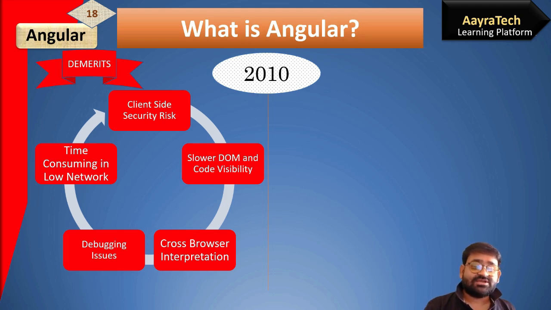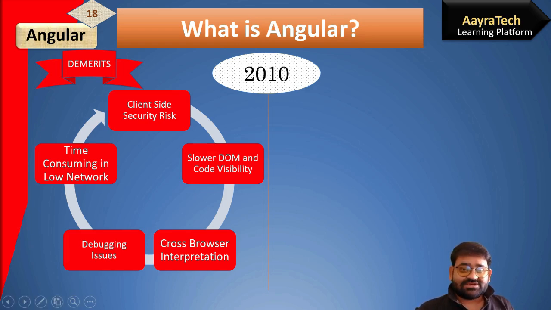Then the debugging issue: as there is no framework, there is no structured code present in JavaScript, so debugging became very difficult on JavaScript websites. And on slower networks, the initial loading time is too long. As you remember, before 2005 or 2000, when you clicked on a page, it loaded very slowly, because those pages were designed through JavaScript. So initial loading time became very slow.